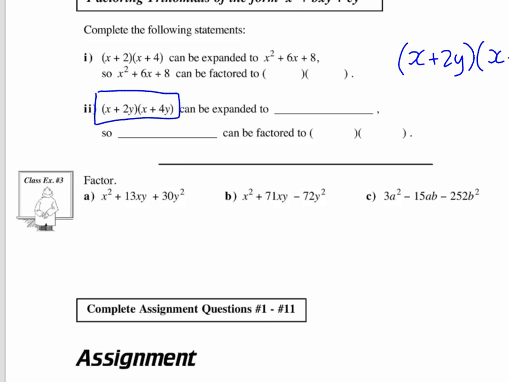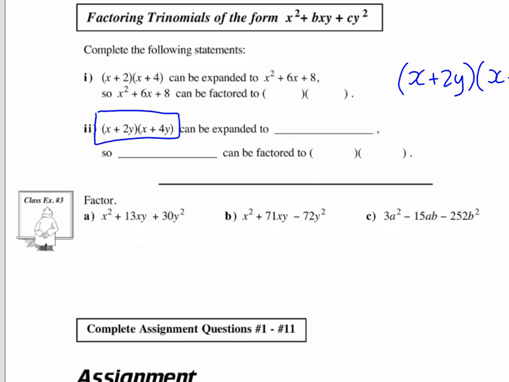We went to page 344, the top of it. x times x, and then x times 4y, and then 2y times x, 2xy, we write it alphabetically, and then 2y times 4y, 8y squared.